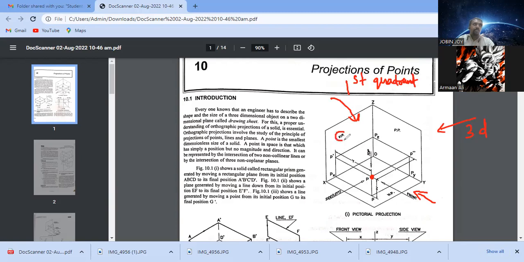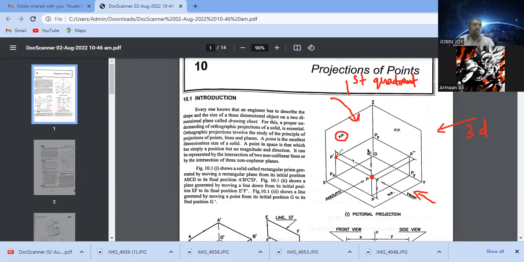So here you can see the front view of point P is on the vertical plane VP. Are you able to see that P dash on the vertical plane VP?